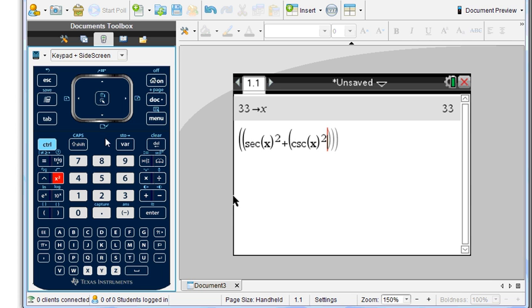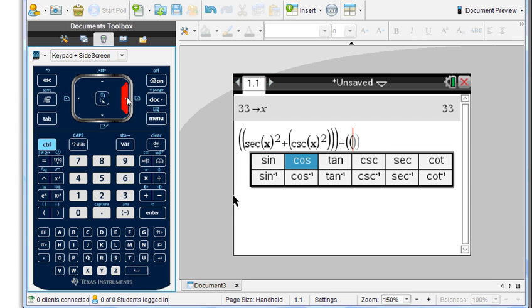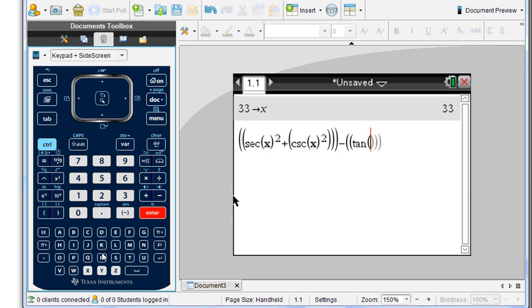And then, let's see, after that, subtract, open parentheses, open again, tangent x, and we square on the outside of this.